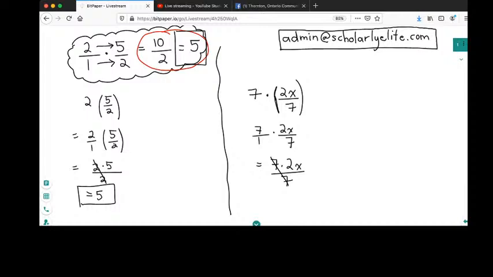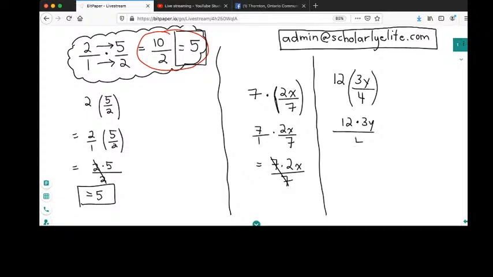Okay, so now I'm going to show you what happens when you have a larger number up here. So let's say, for example, I had 12, and then here I had 3y over 4. Well, when I bring this together, I'm going to get 12 times 3y over 4.